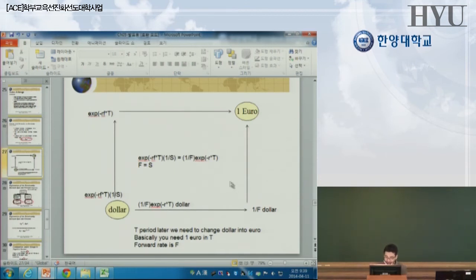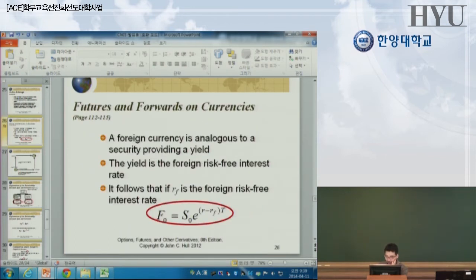Just a moment, I think somehow I messed up. 1 over S. RF is 14.